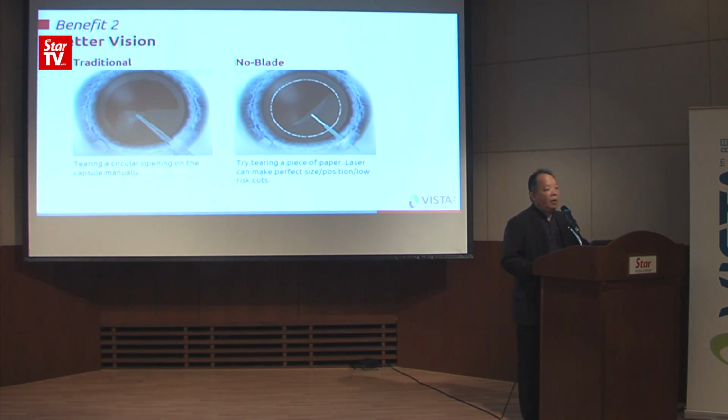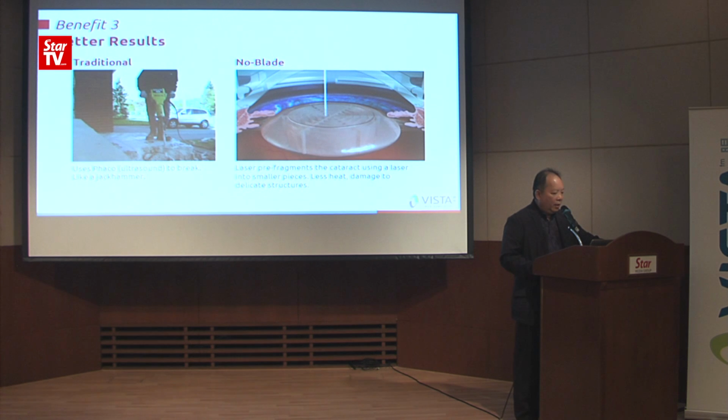Then, because we can make very high precision cuts, we can place the lens inside the empty capsular bag very precisely, so that the lens inside the eye doesn't tilt or rotate. Now, remember, as I said, we use the ultrasound to break up the contents of the cataract.